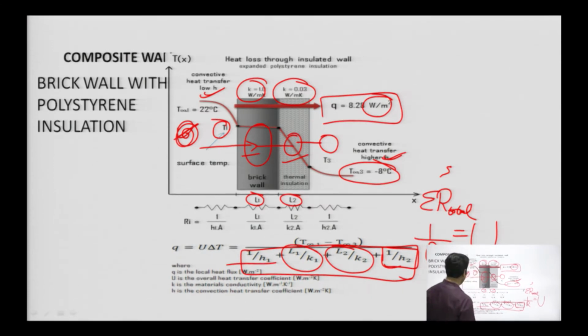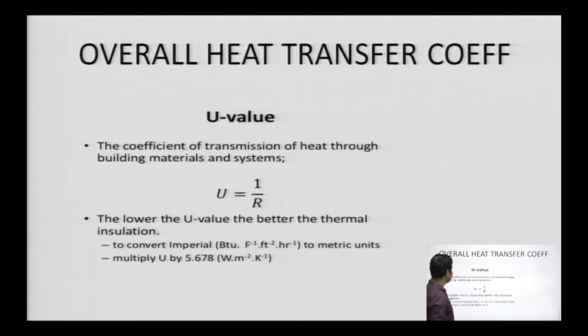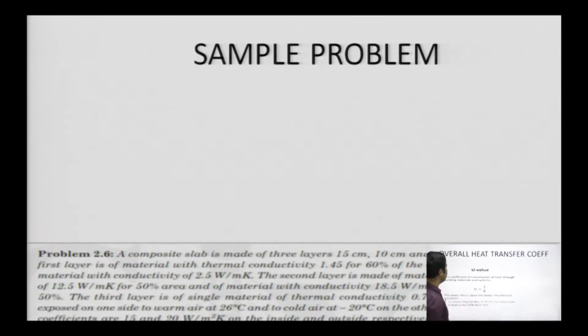The U value is the overall heat transfer coefficient, whose unit is watts per meter square Kelvin. And we all know the general formula, Q is equal to U delta T. Actually it should be UA delta T, but since U is per meter square, the area has already been taken into consideration. So this was all about the basics. See, the U value is U equals 1 by R.